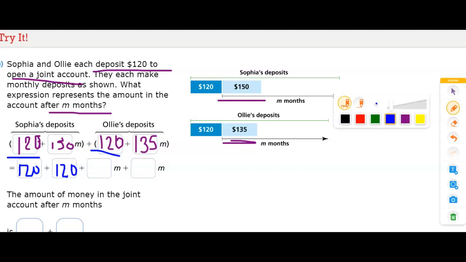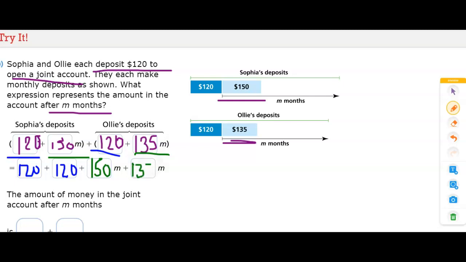And then the per month they deposited with the M attached to it is another like term because they both have that variable M. So we're going to put 150 M and 135 M. And times M is what that stands for, just a reminder.